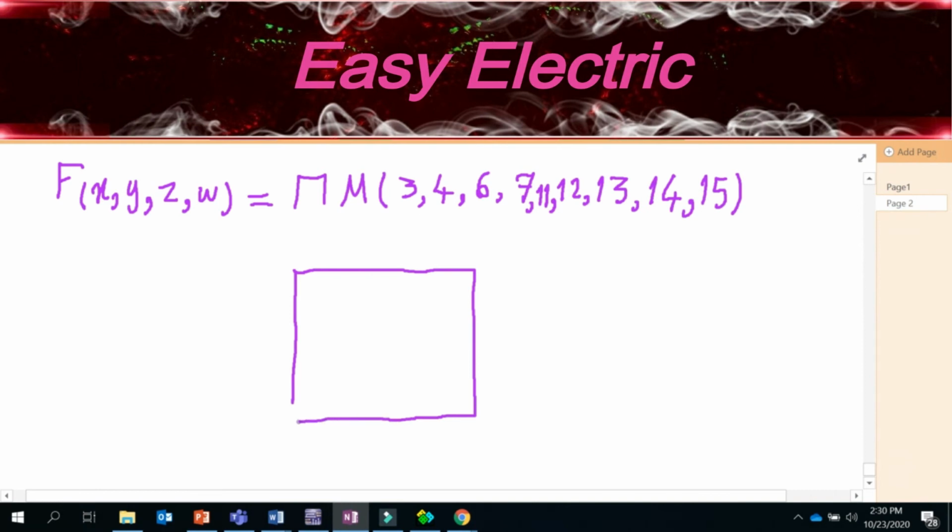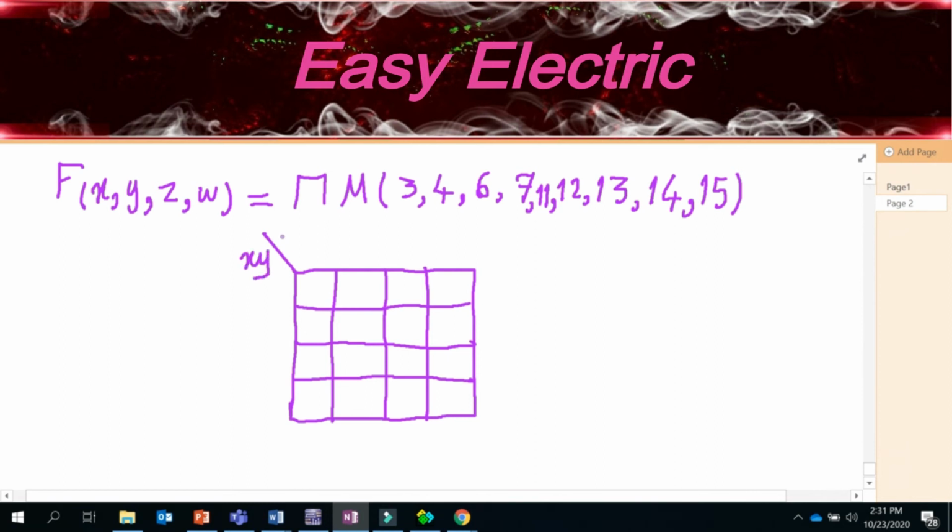So this is the K-map with 16 sections. XY, ZW: 0 0, 0 1, 1 1, 1 0 on each axis.